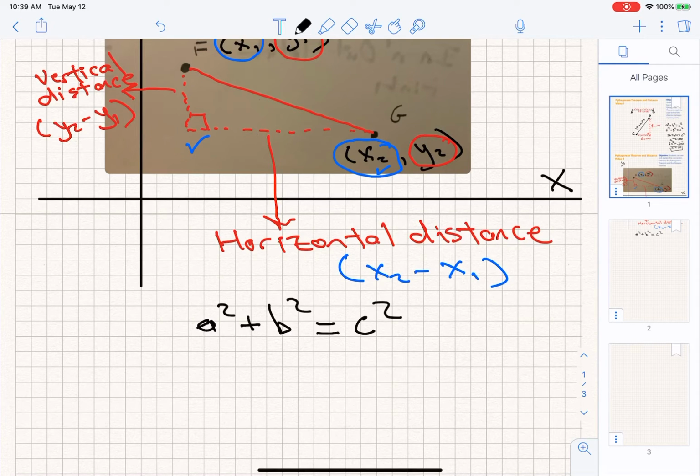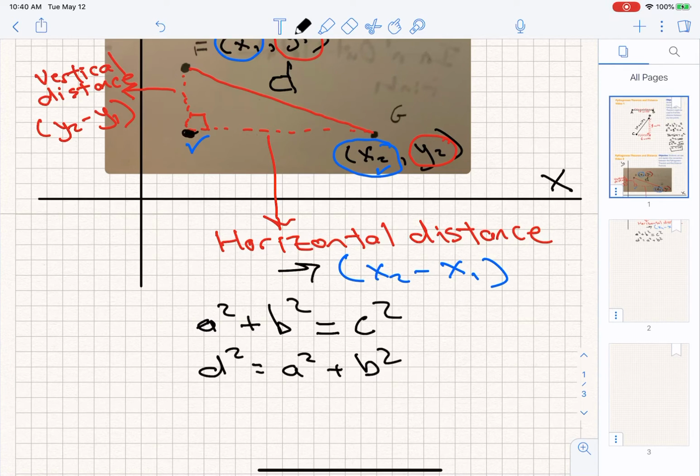So the first thing I'm going to do is rename C. Here's my C. I'm going to call it D. Doesn't matter what letter we call things. This could be D for distance. I'm going to flip the equation. I'm going to say D squared equals A squared plus B squared.